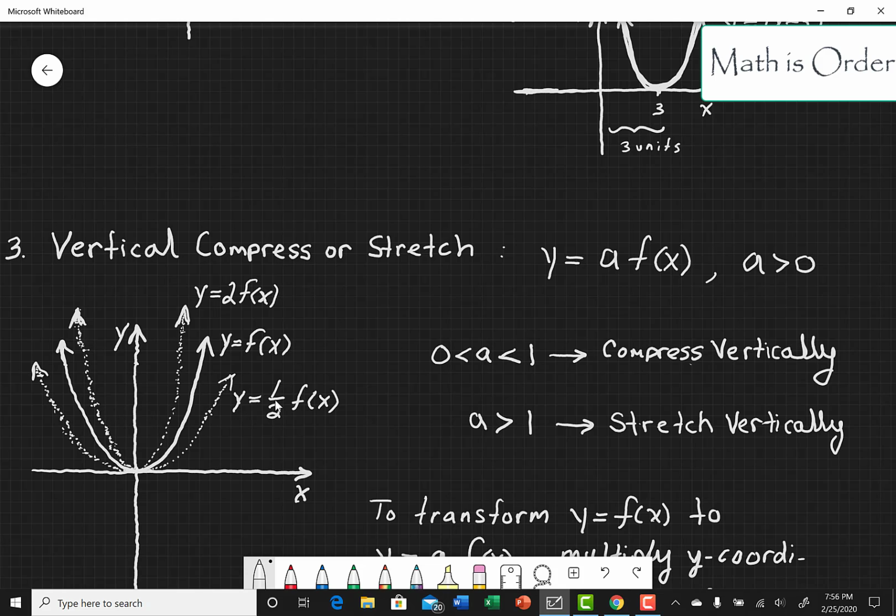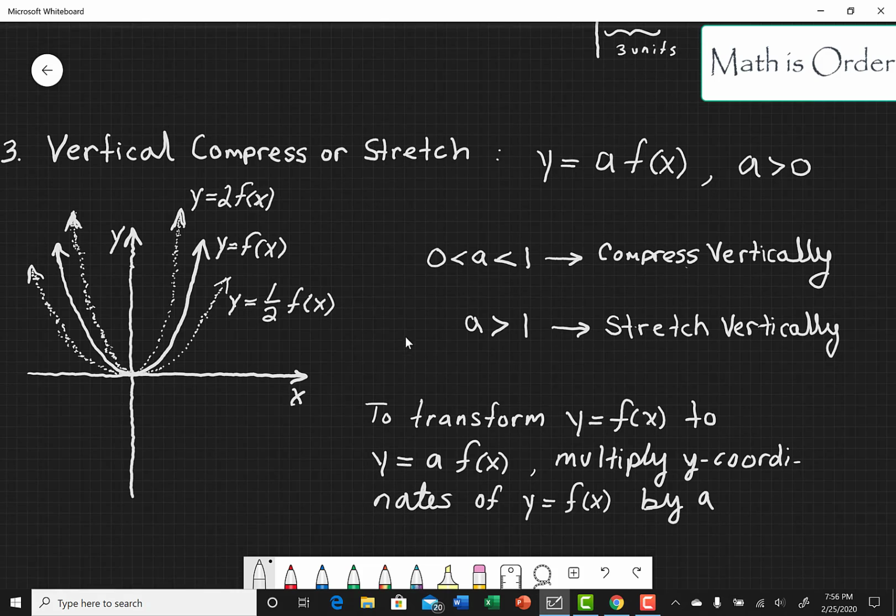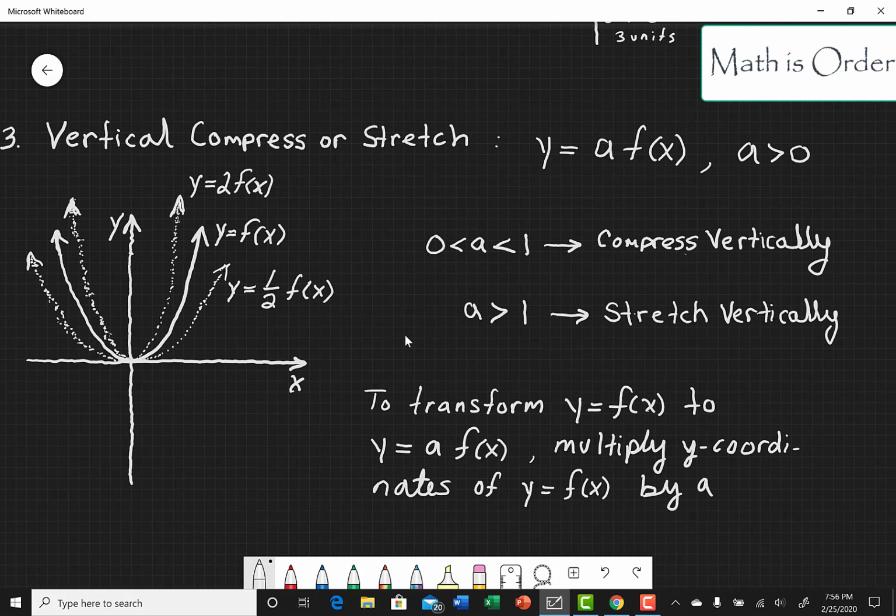And if a is between 0 and 1, then it's a vertical compression, given by y equal 1/2 f of x, for example. So to transform a function y equal f of x to y equal a f of x, all we're doing is multiplying all of the y coordinates of the original function by a.